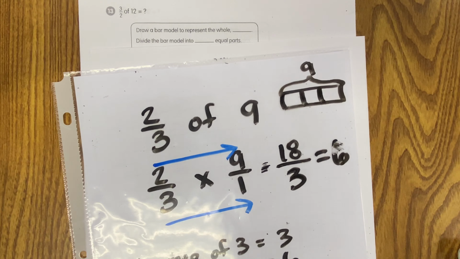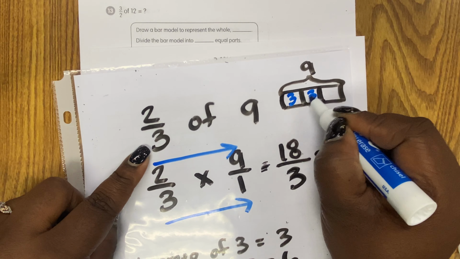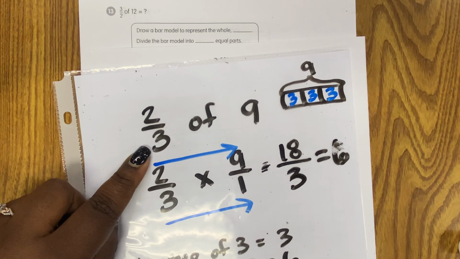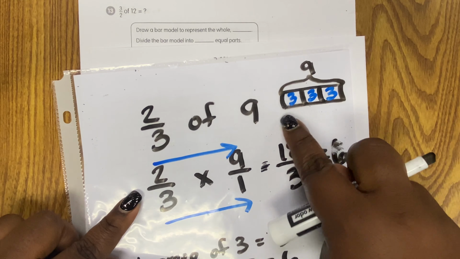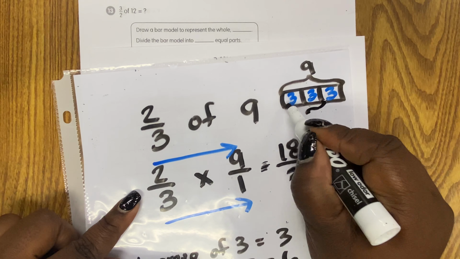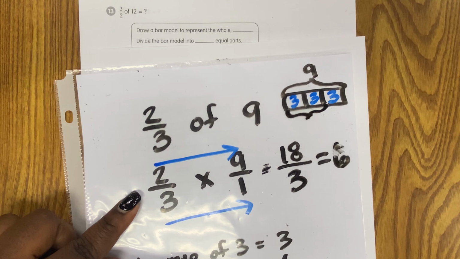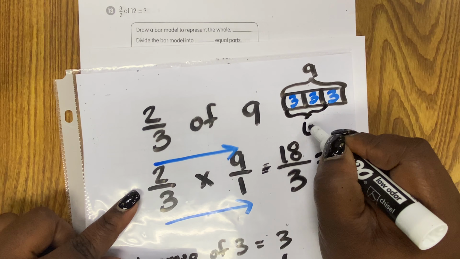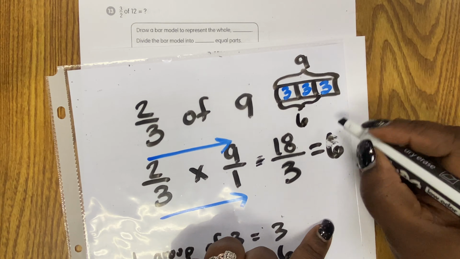So when we take 9 and split it into 3 equal groups, we get 3 in each of those groups. We only want 2 of the 3 equal groups. So if I take those 2 equal groups and put them together, I get a total of 6, which matches our algorithm.